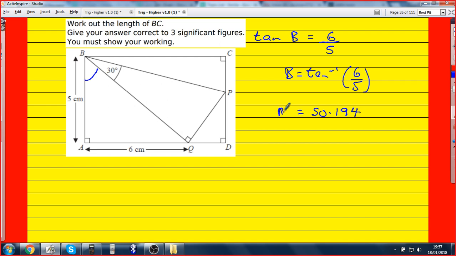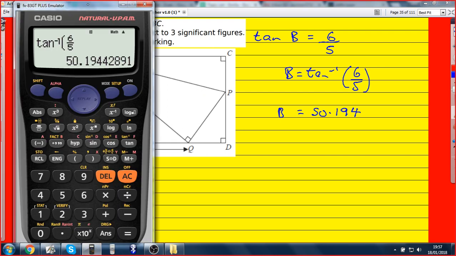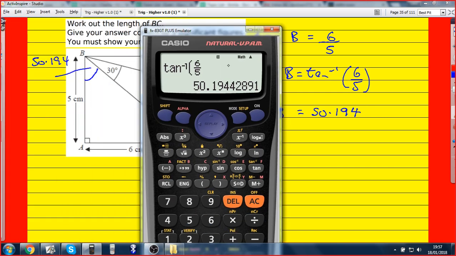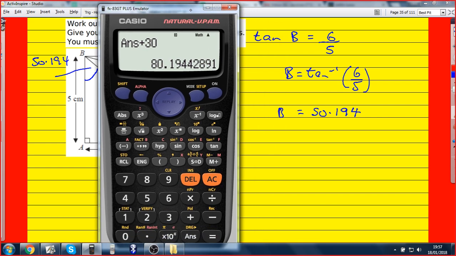Okay, so now we add 30 to that, then take that away from 90.